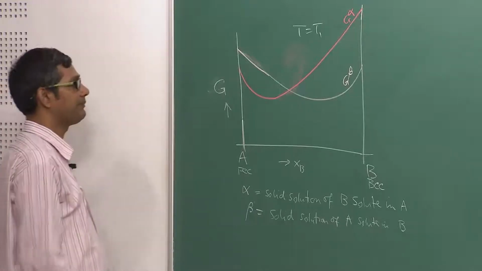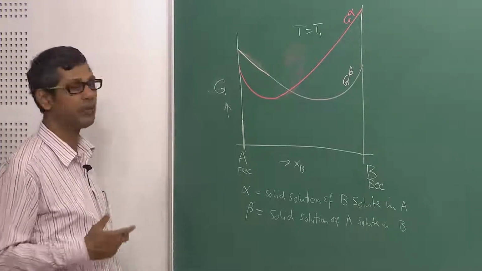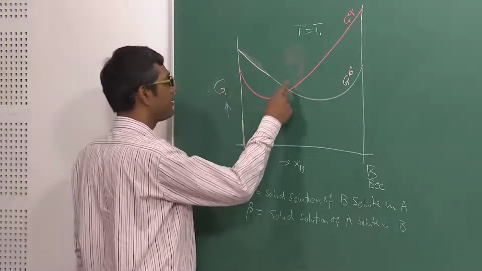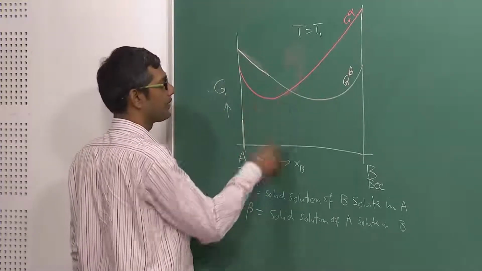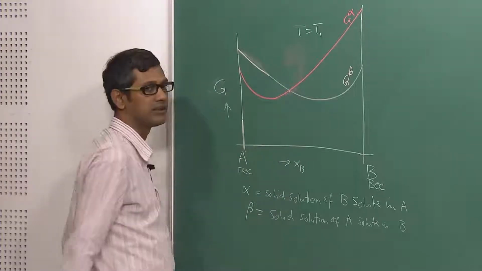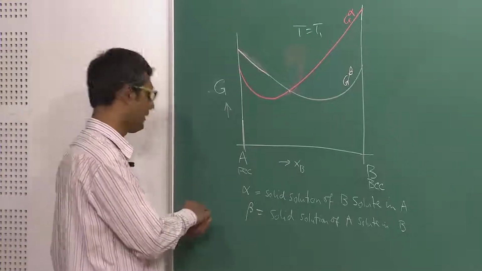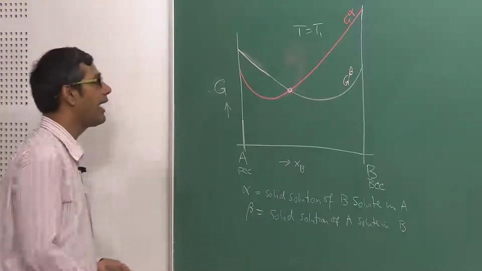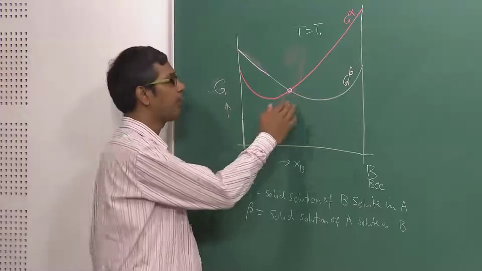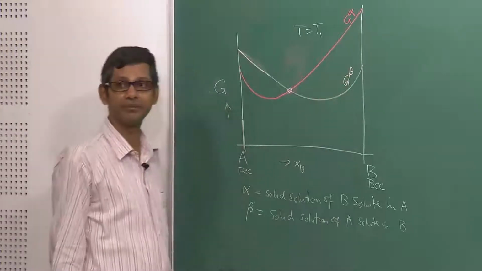Now it is very clear, because free energy tells you relative stability, that the A rich solution alpha is stable till this point, this crossover point, you can clearly see. Okay, this is a crossover point here in which the A rich solution is stable, and beyond this crossover point the B rich solution or beta is stable.